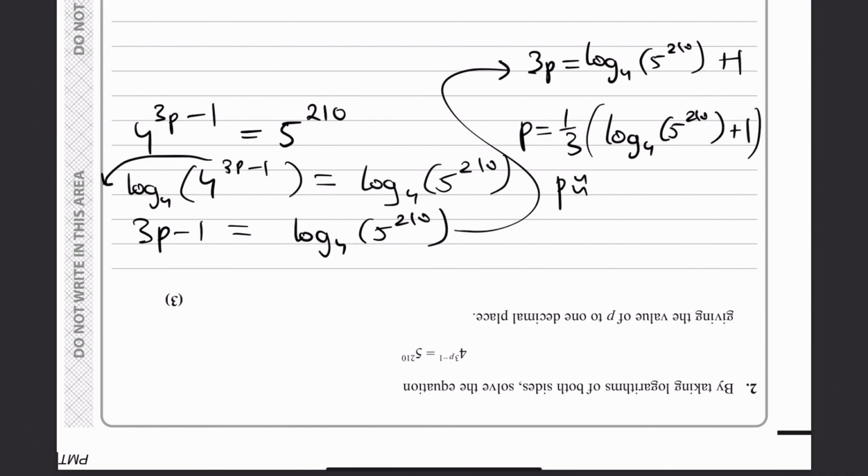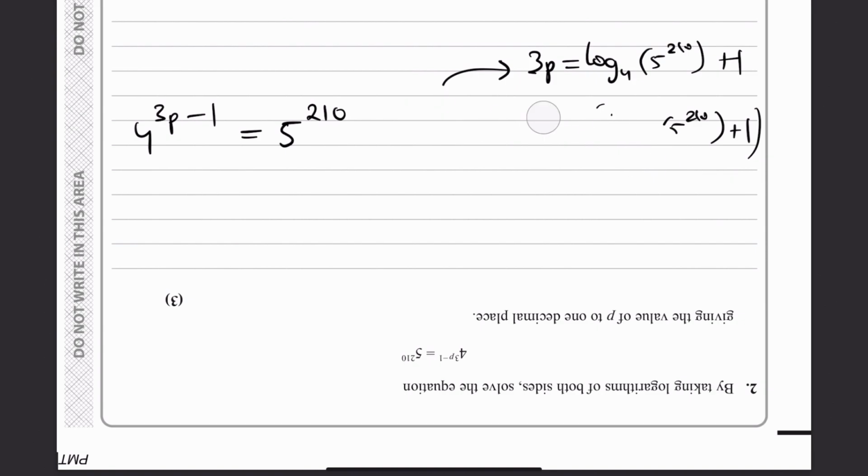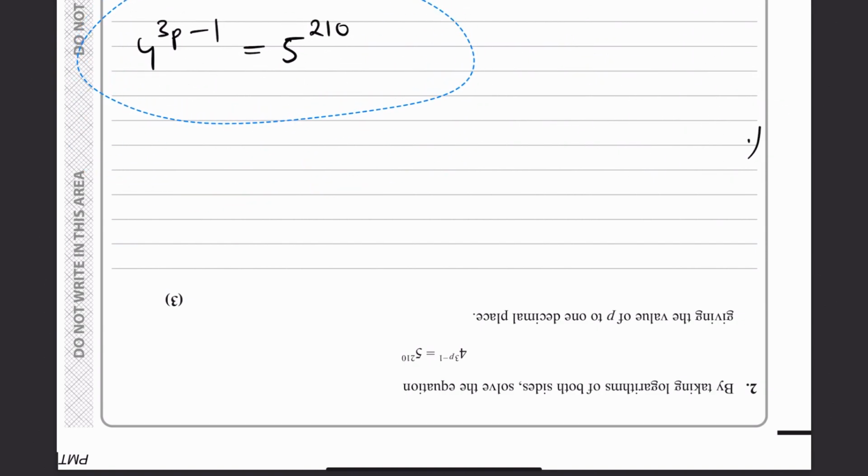Okay, let's rub all this out and try another method. Let's move this up here so we have a bit more space. Obviously we have to somehow get rid of that 210.